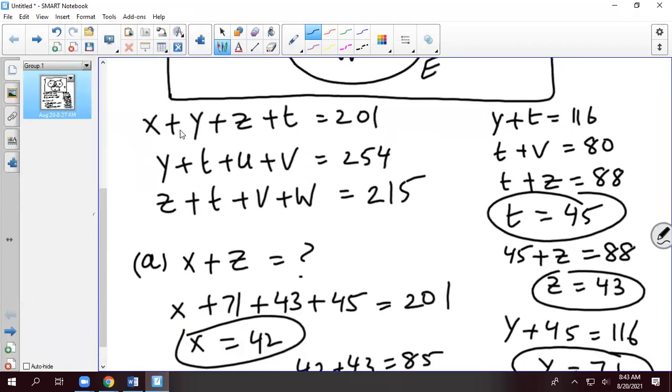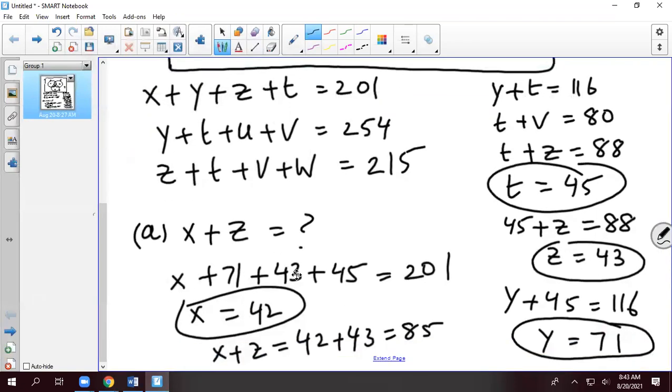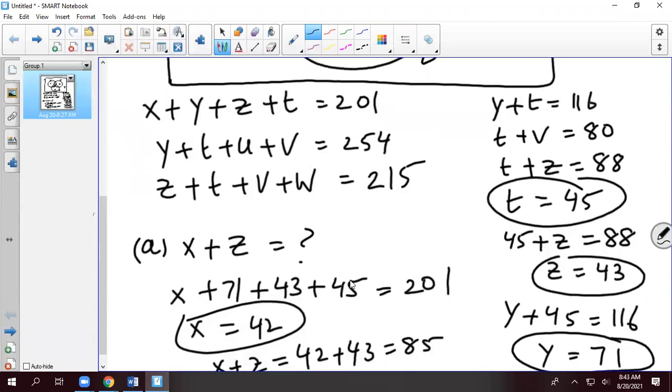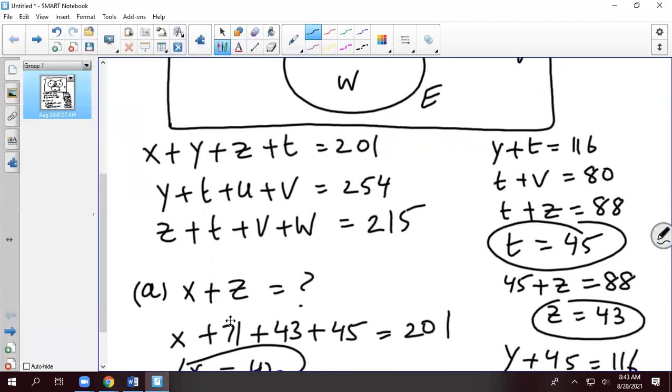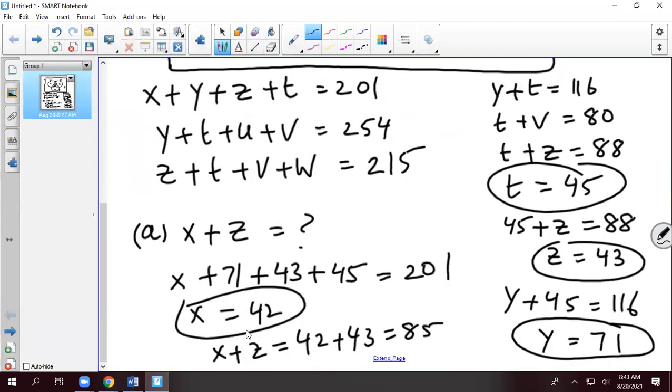Use this equation, x plus y plus z. X plus 71 plus 43, z is 43, t is 45, 14 and 59, 42.